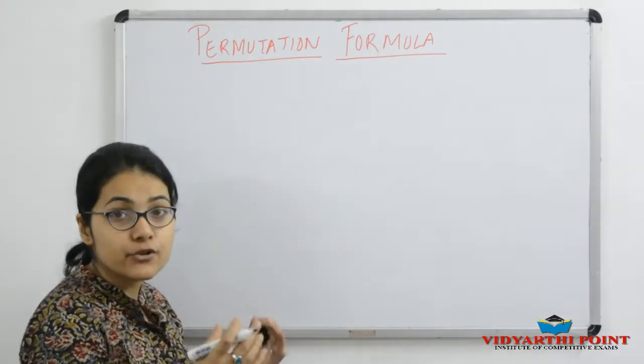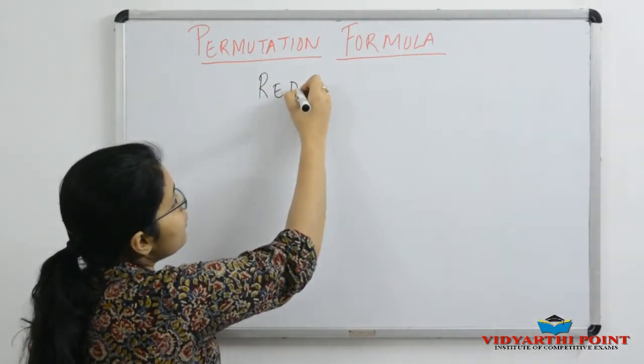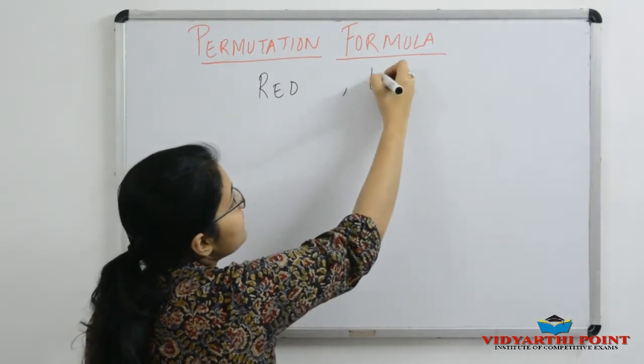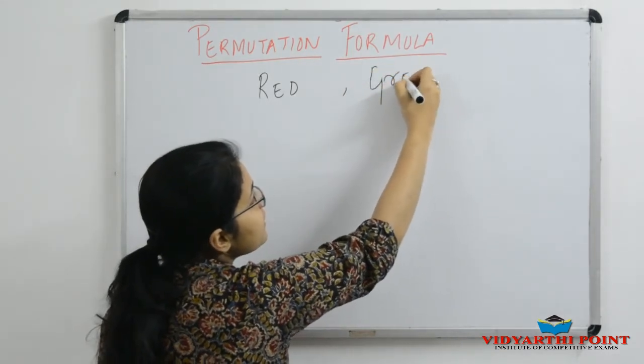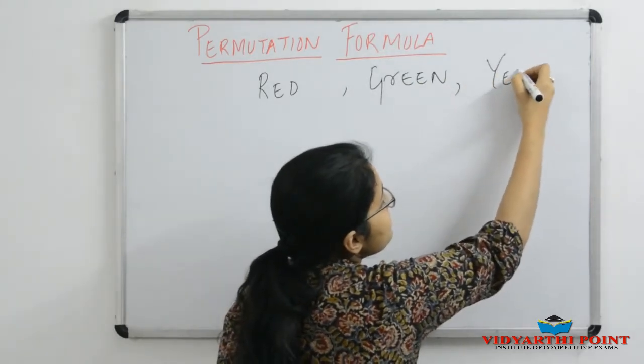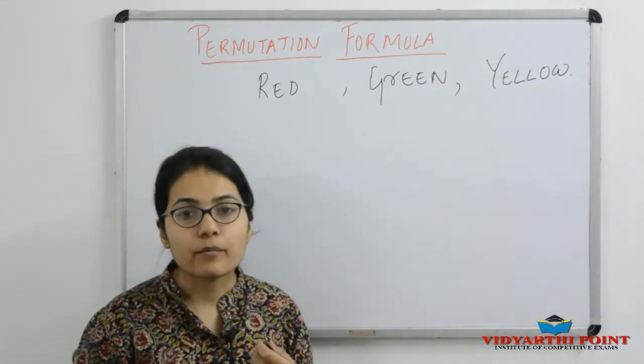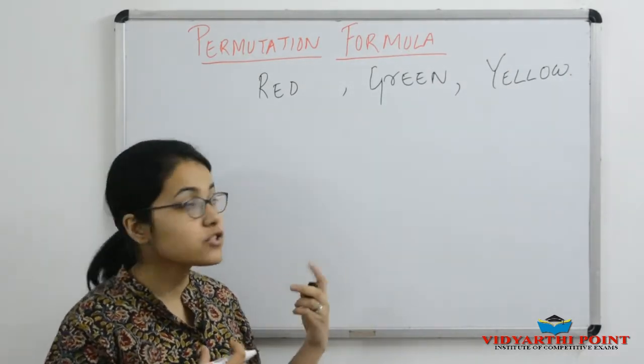Let us say there are three types of balls. One of them is red, another is green, and the third is yellow. Usually in permutation and combination, balls are used in the questions.